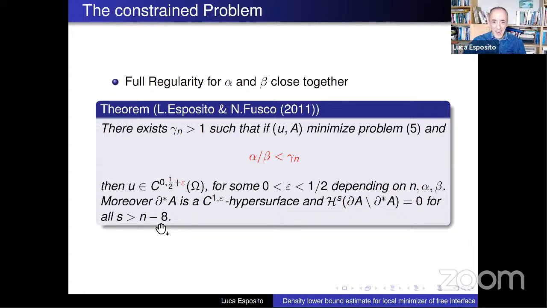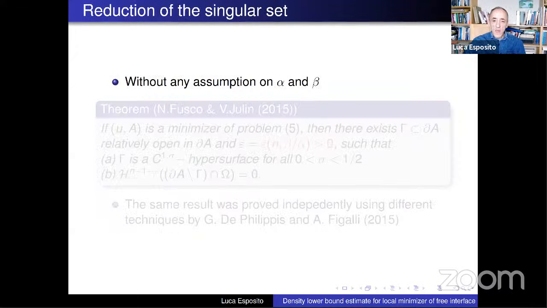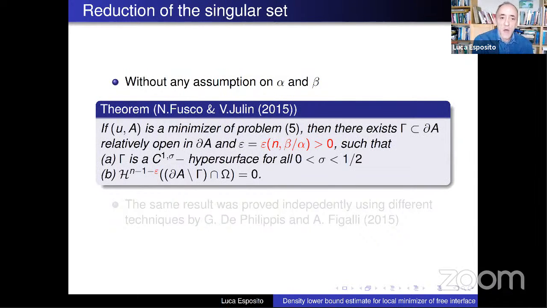So if alpha and beta are not close together but are far apart, in 2015 Fusco and Julin proved the results also in the case that alpha and beta are far apart. And indeed, they proved a reduction of singularity. They proved that the measure of the singular part is 0 for an exponent that is better than n-1, namely n-1 minus epsilon.